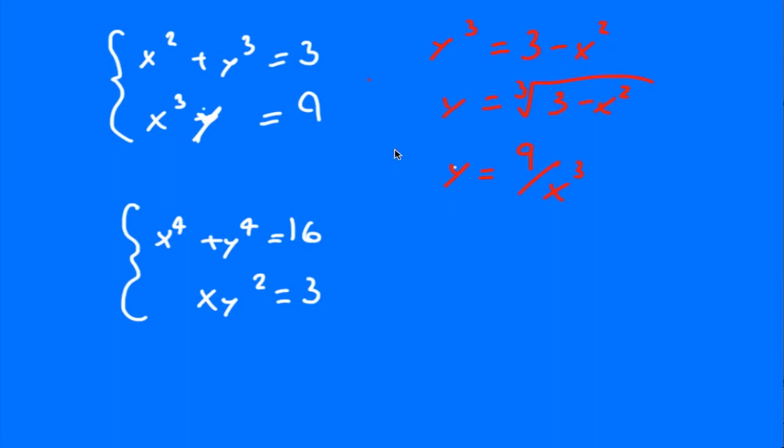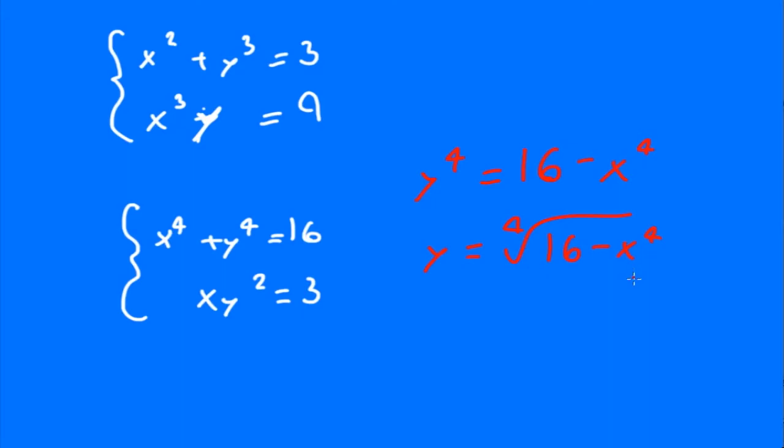Let's do the other one. Now we want to do the same thing. We want to get the y by itself. So we take the x to the fourth to the right and we get y to the fourth equals 16 minus x to the fourth. So y is going to be equal to the fourth root of 16 minus x to the fourth.